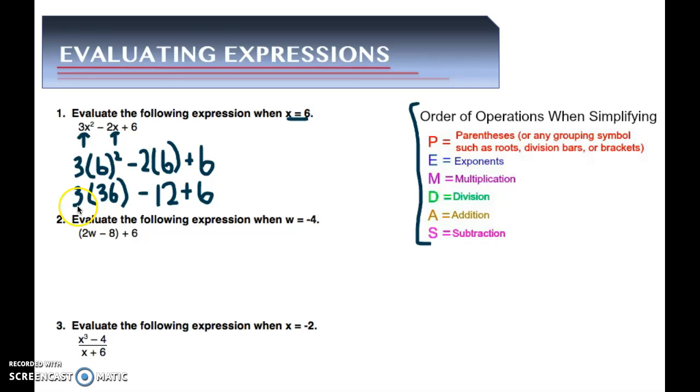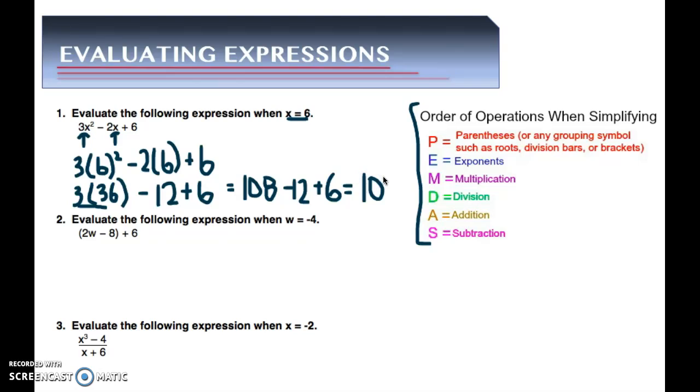Again, I look at the front and I have some more multiplication here. So if I keep going with this, I have a 3 times 36, which is 108. And then I subtract 12 from that, and then I'll add 6. So 108 subtract 12, add 6 will give me a final answer of 102.